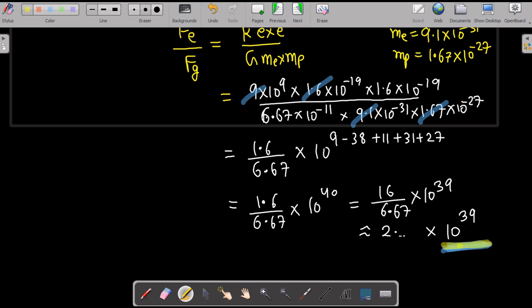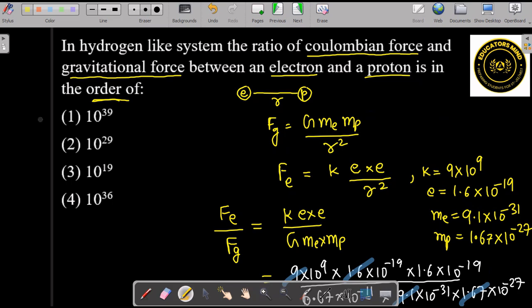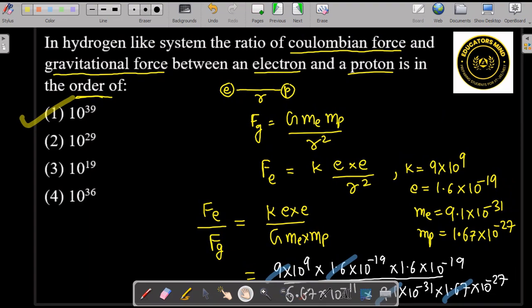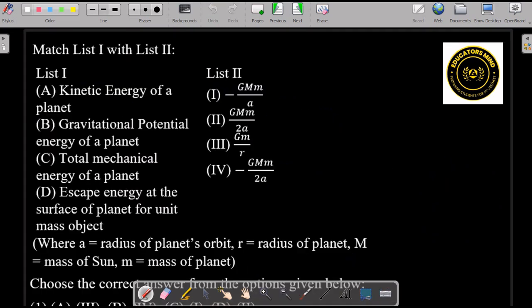Because we need to express it as some number less than 10, it should not be a fraction, into 10 power 39. So this 10 power 39 is the order of that. Anyway, we should know this as a theoretical concept given in textbooks, but we can also calculate and prove it. Let's move next.